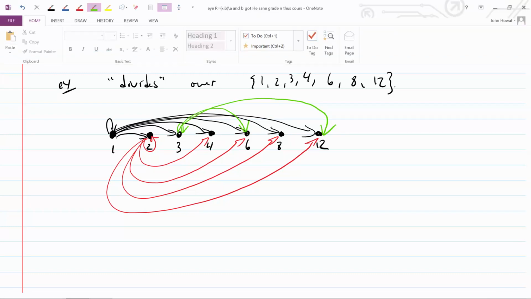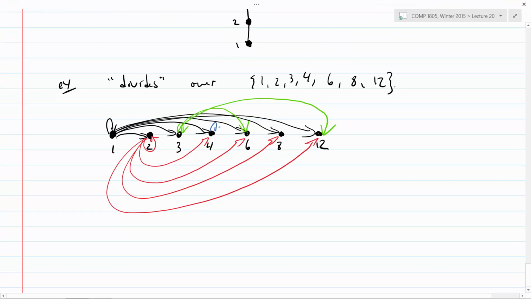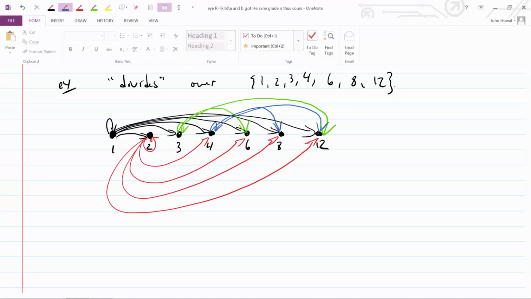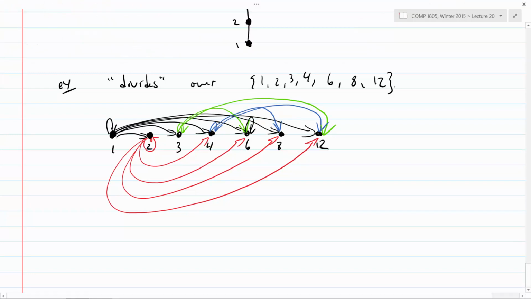What does 4 divide? 4 divides itself, 8, and 12. 6 divides itself and 12. 8 divides itself, and 12 divides itself.